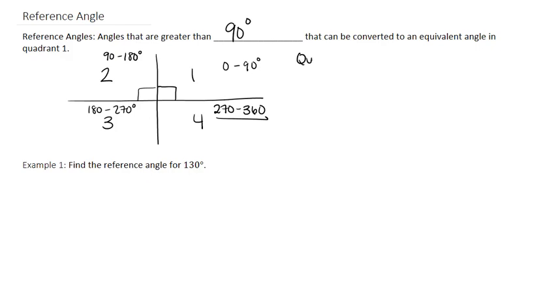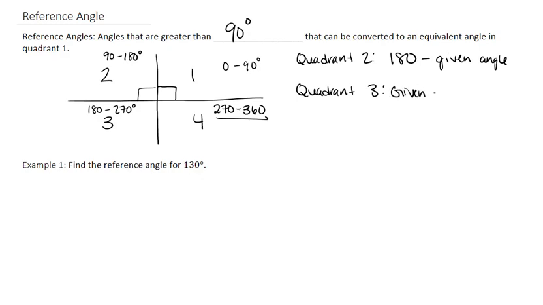But if we're in quadrant 2, what we do is we take the 180 degrees and we subtract the given angle in the problem. If it's in quadrant 3, we take the given angle and subtract 180 from it.